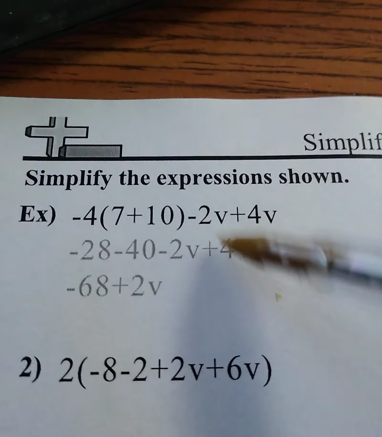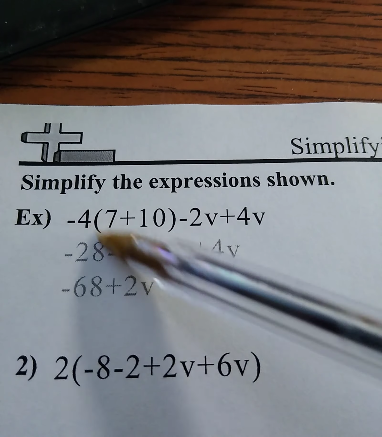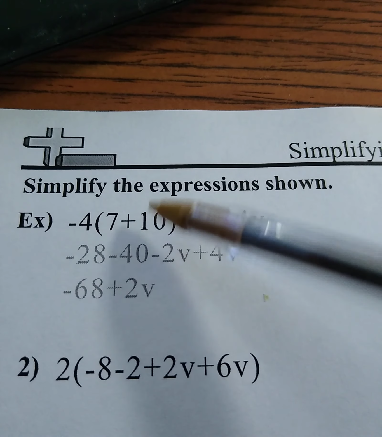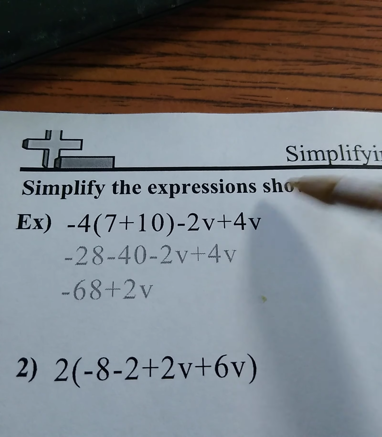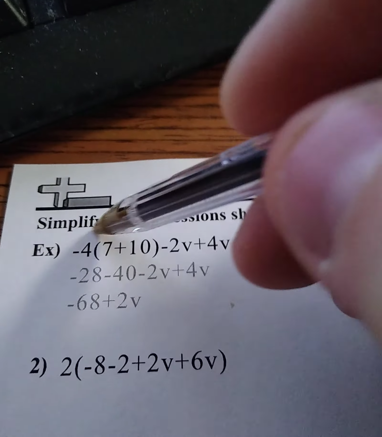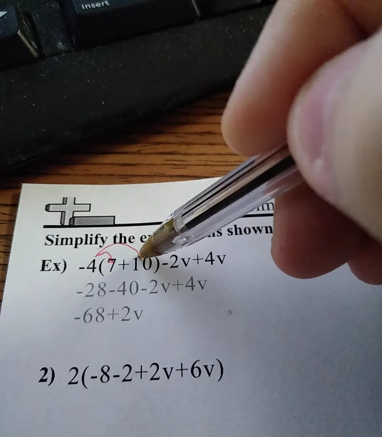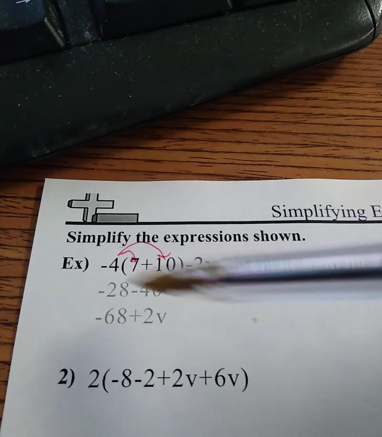All right, so simplifying expressions. Here's our example. -4, remember the parentheses means times, 7 plus 10, minus 2v plus 4v. Really, all we're doing, as you can tell from this, is we are just multiplying here, okay?